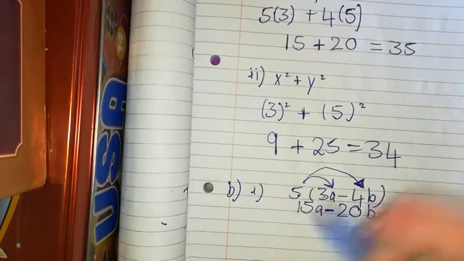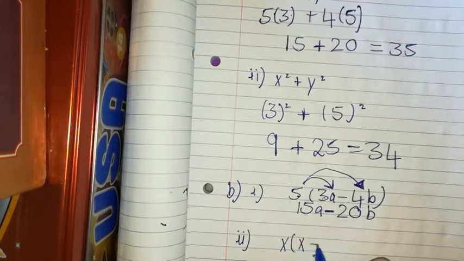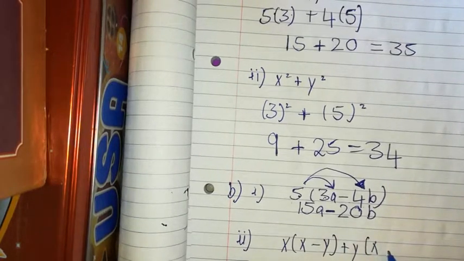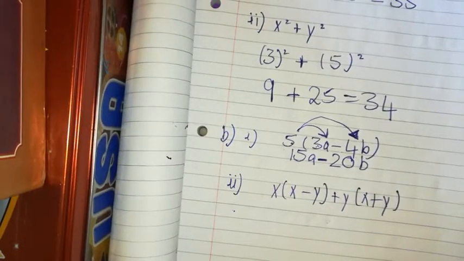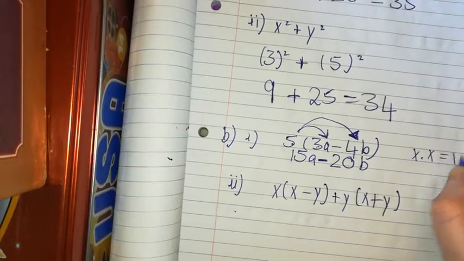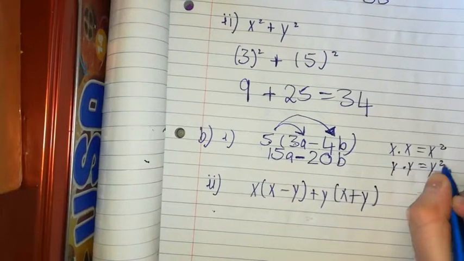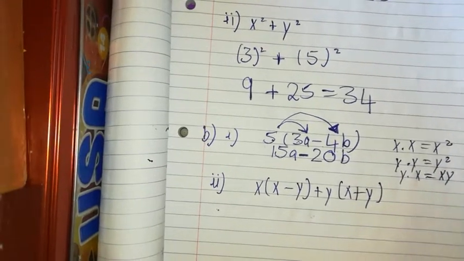And then the next one is part B 2, where we multiply x minus y by x plus y. So one has a minus and there's a plus in the other. So x by x is going to be x squared. If we had y by y, it'd be y squared. If we had y by x, it'd be xy or yx.